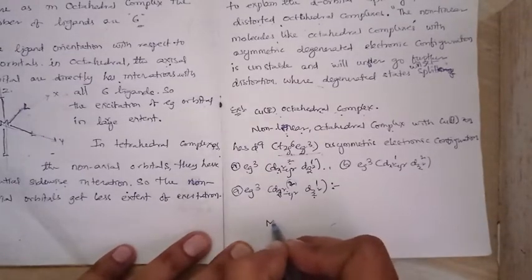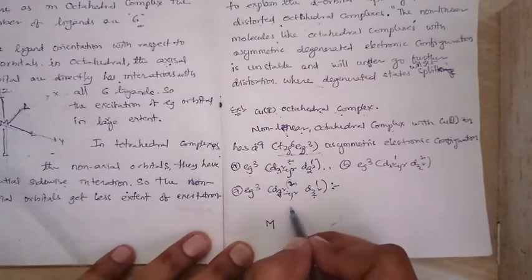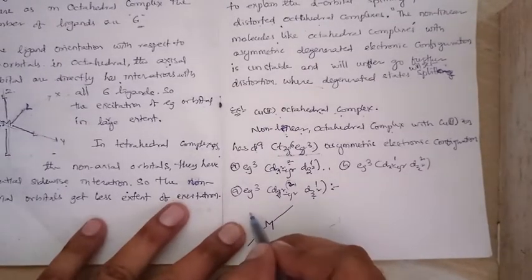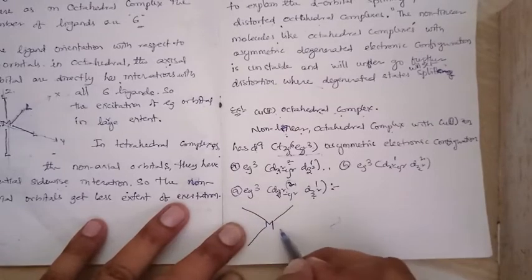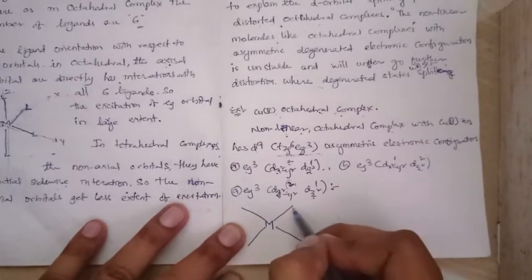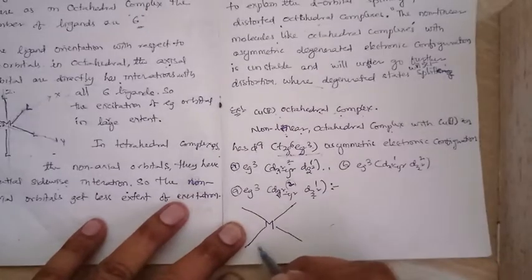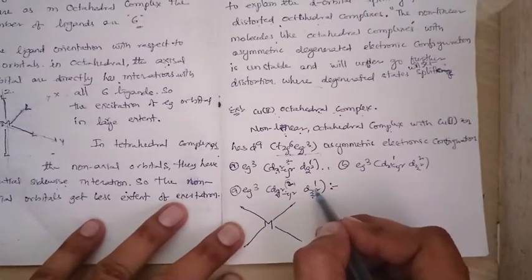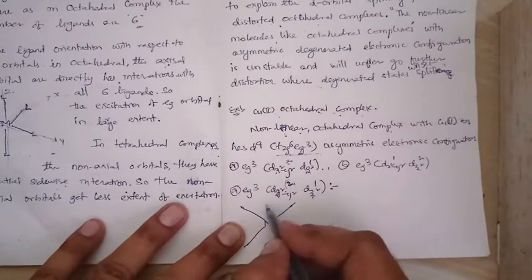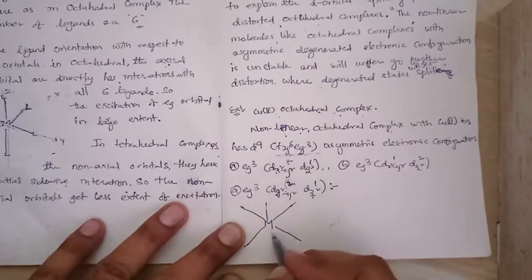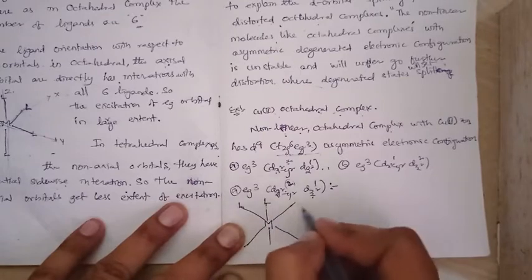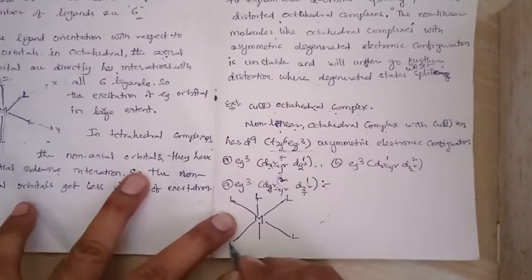So the structure becomes like this. Along the x-axis and y-axis, the metal to ligand bonds get lengthened, whereas in the z orientation, with only one electron and lesser electron density, the metal to ligand bonds are slightly shorter. Like this it happens.